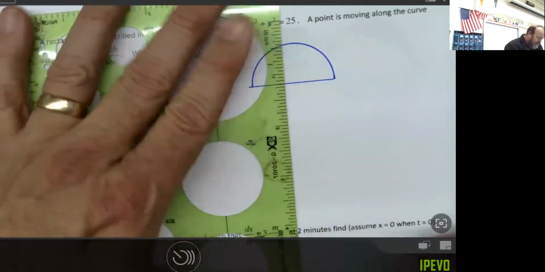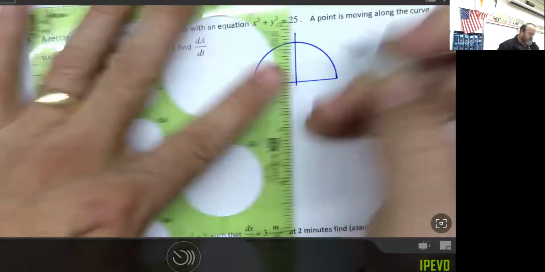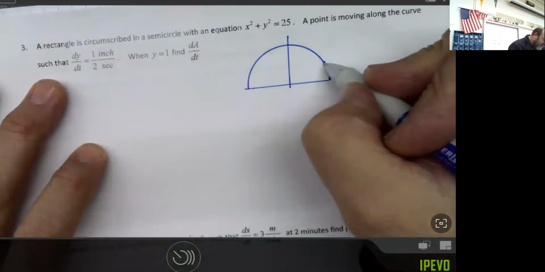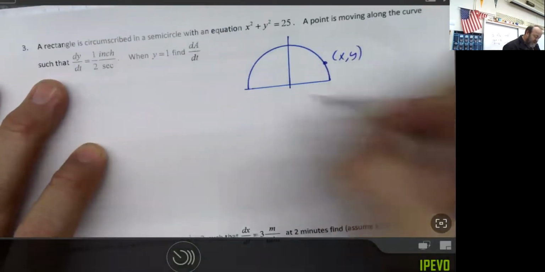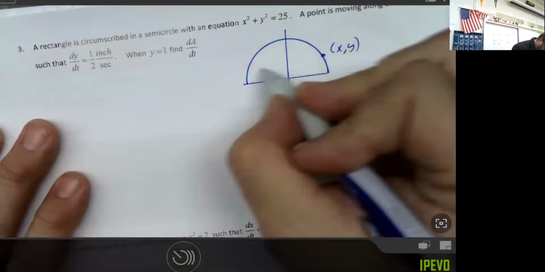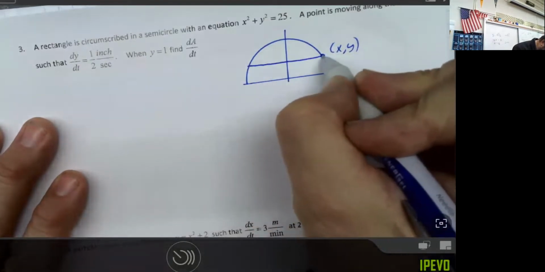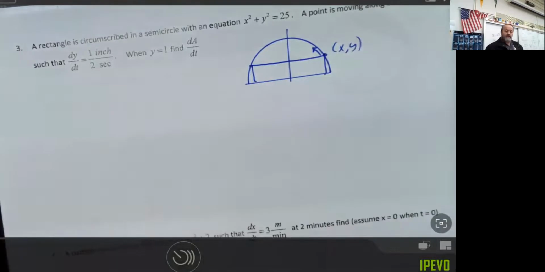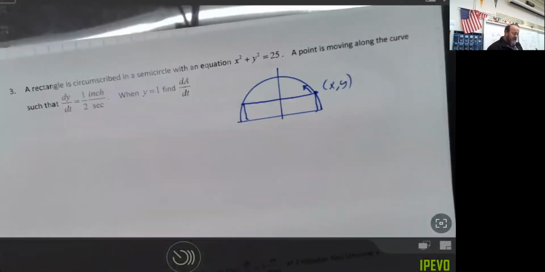Here is our story. What this says is I've got a point, x comma y, that is moving along this circle that, of course, as it moves this way, it's going to get taller, but it's going to get narrower in some way.